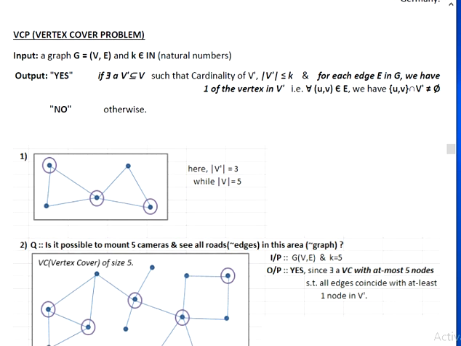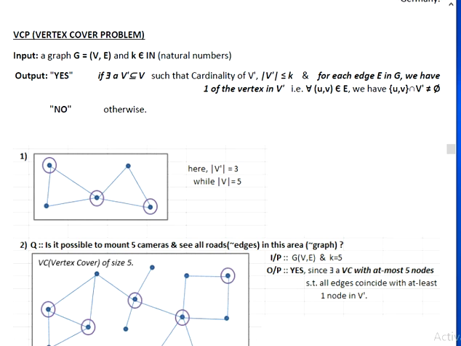We have one example here, a graph. You should understand that the points are the vertices and the lines denote the edges. It has 1, 2, 3, 4, 5 nodes.